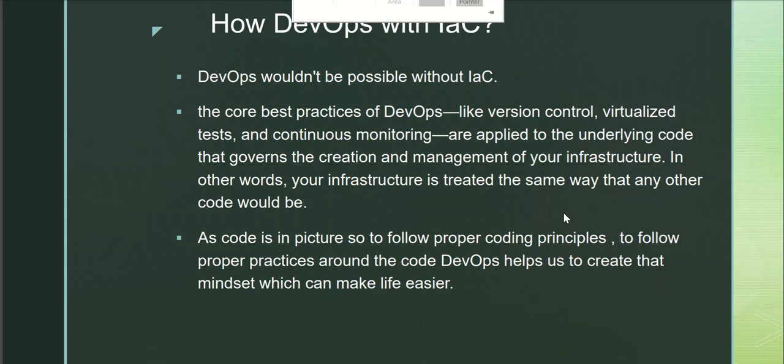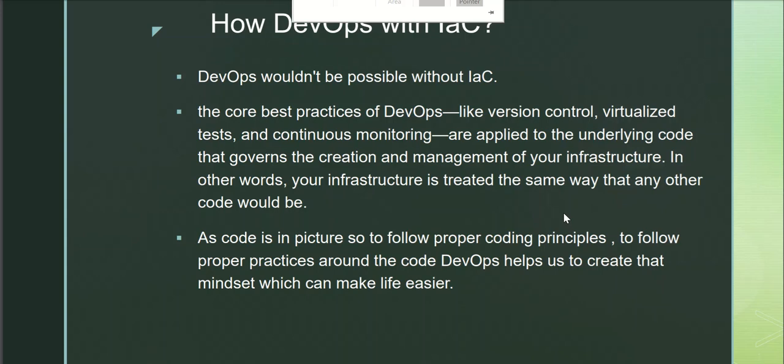So in a nutshell, we will say DevOps is not a tool, it's not any software, it's not a particular tool or software to learn. It is a mindset which we need to inculcate. It is a practice that we follow.